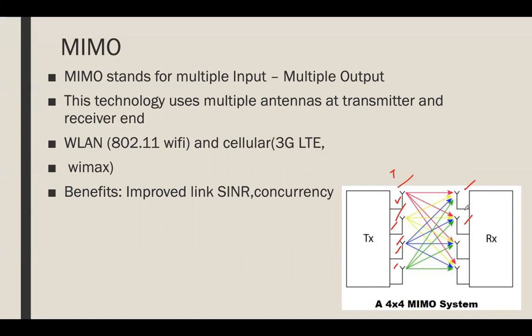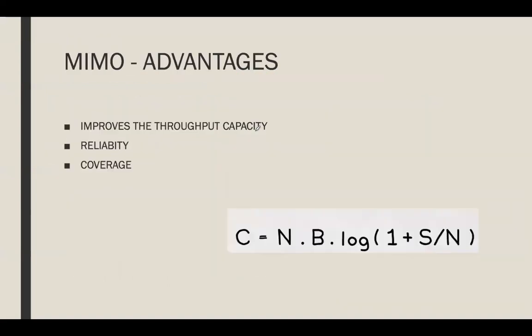MIMO is basically used in WLAN, 3G LTE, and WiMAX. Now, if we consider this particular equation, the equation for capacity, we can see that it is C = B log2(1 + S/N).